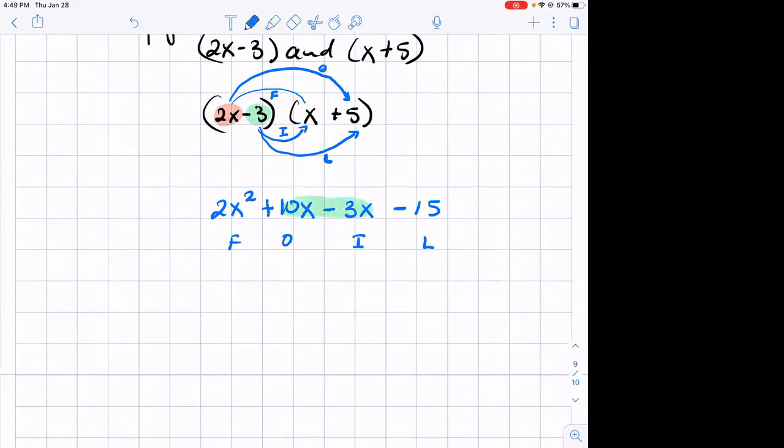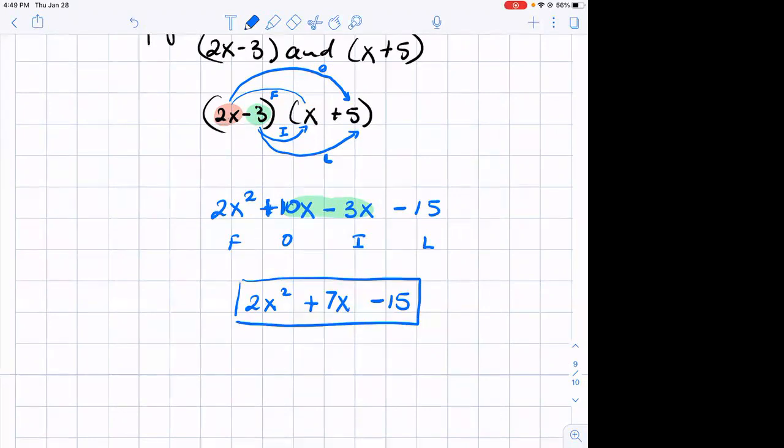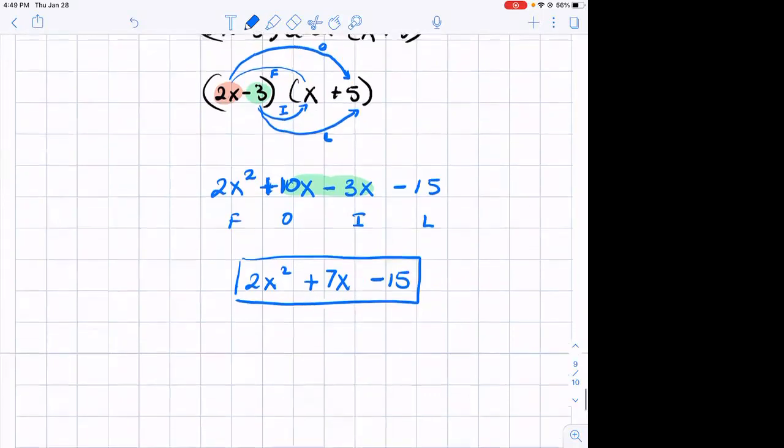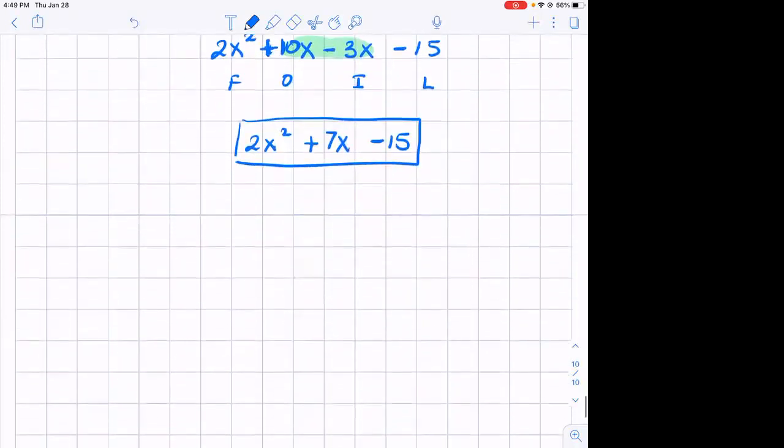So I could rewrite this as 2x squared plus 10x minus 3x becomes plus 7x minus 15. And here is our trinomial known as a quadratic. Hey, we have another quadratic.